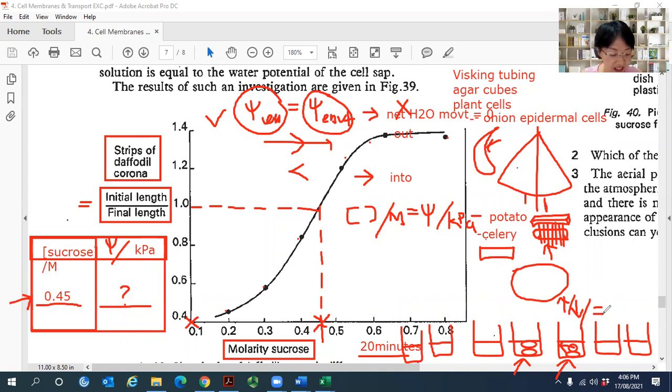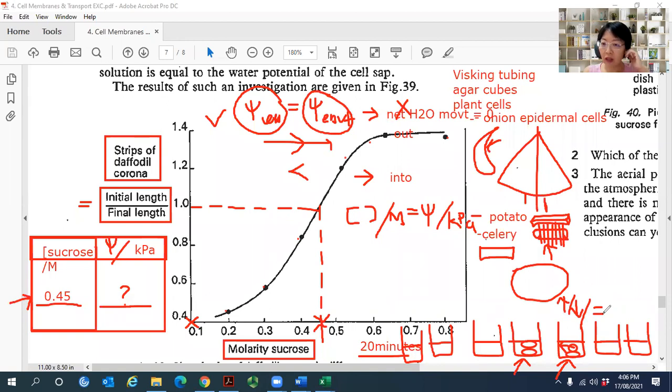Nobody. Philbert. Concentration decrease. Correct, because water from the potato cell goes into the sucrose. So sucrose is being diluted, so the concentration will decrease.